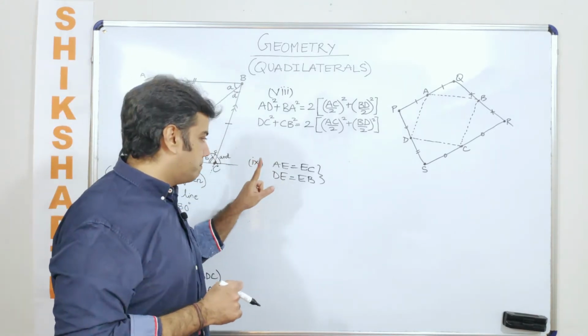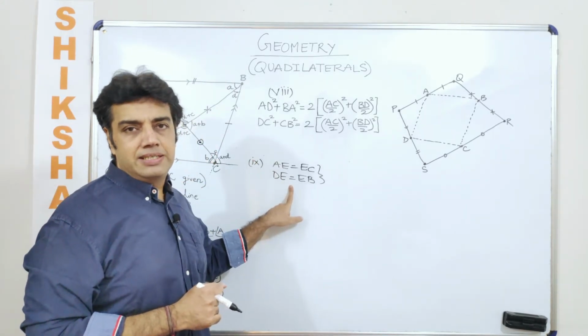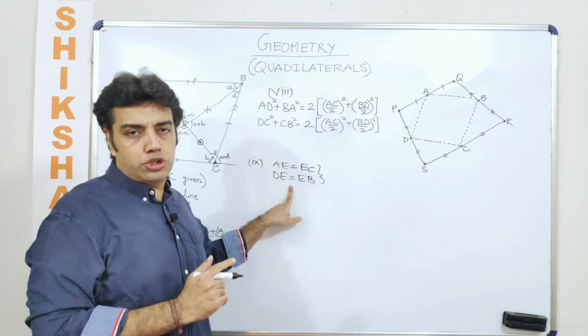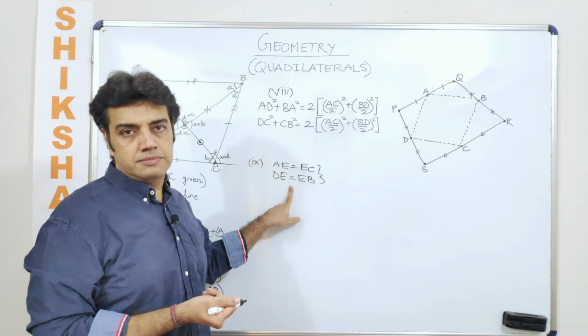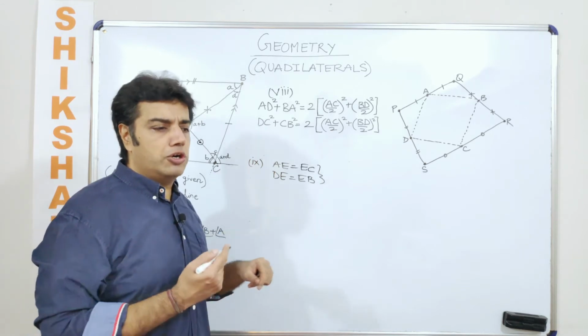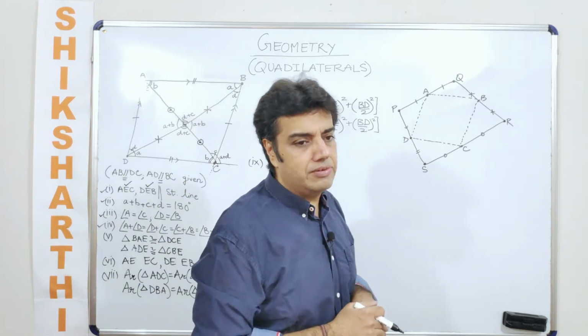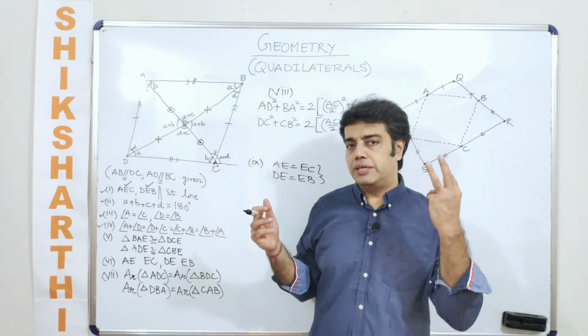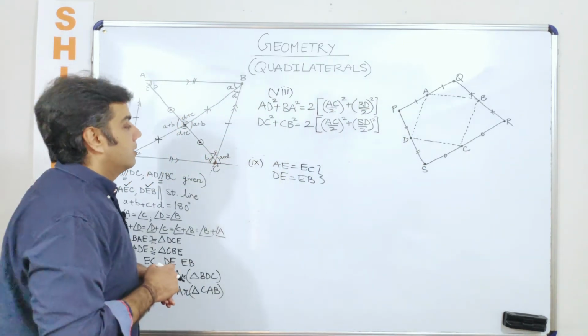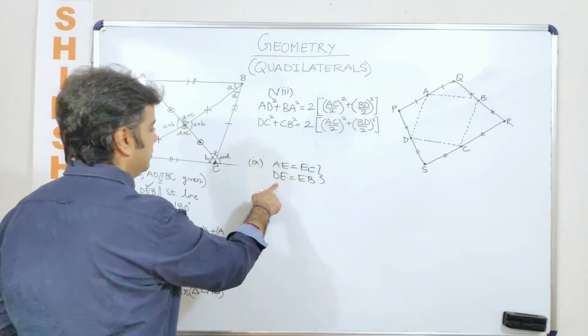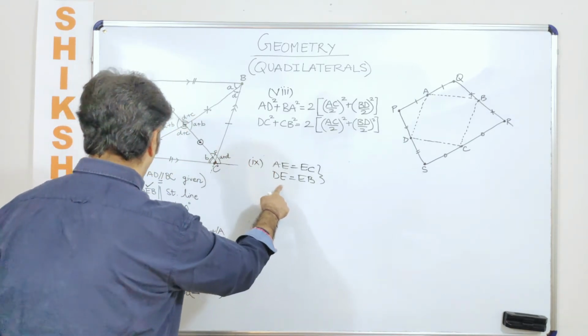So if the diagonals of a parallelogram get bisected, the diagonals of others should also get bisected. Right? We'll talk about this in detail when we talk about the other three quadrilaterals, and then we'll establish a relationship.